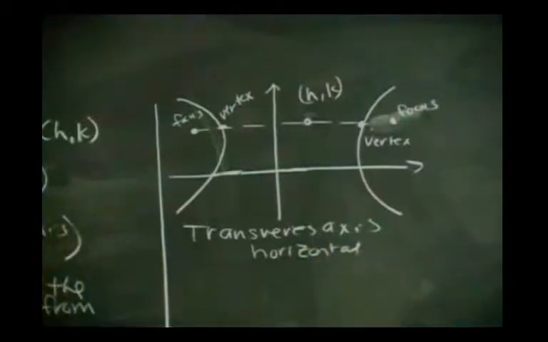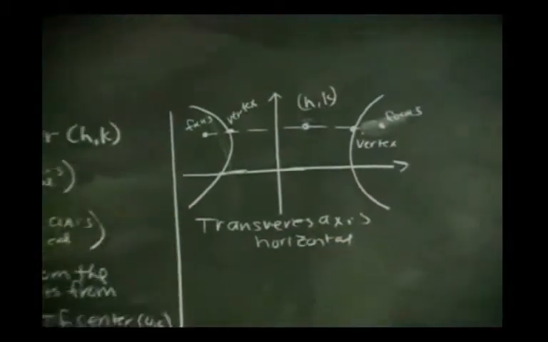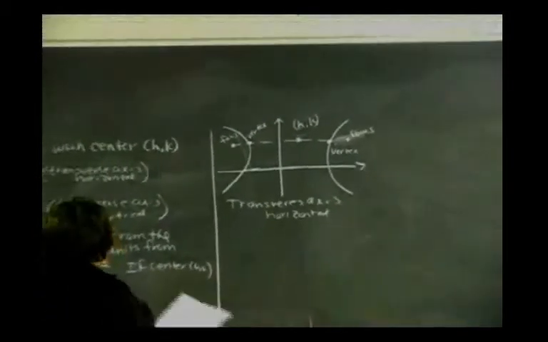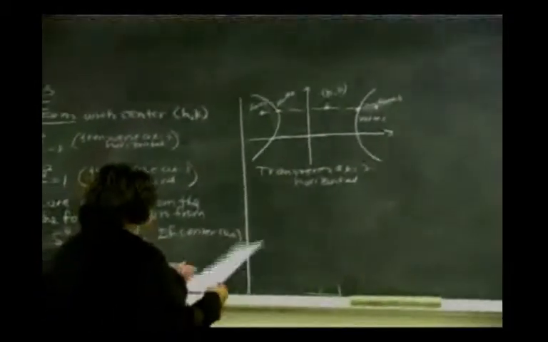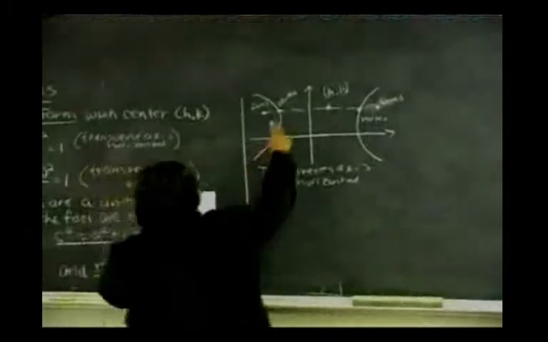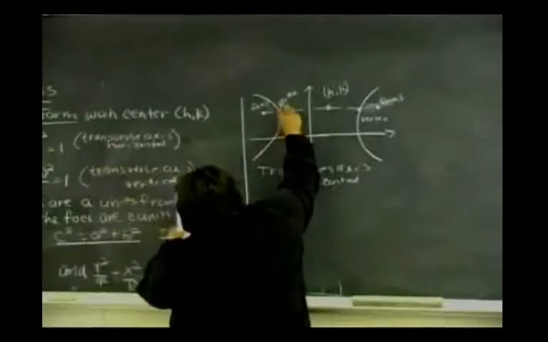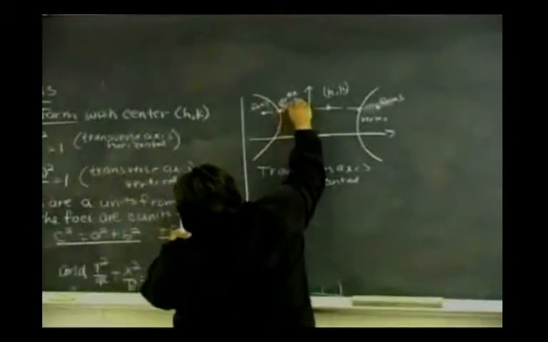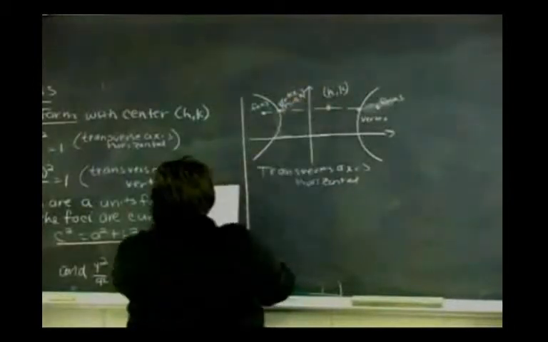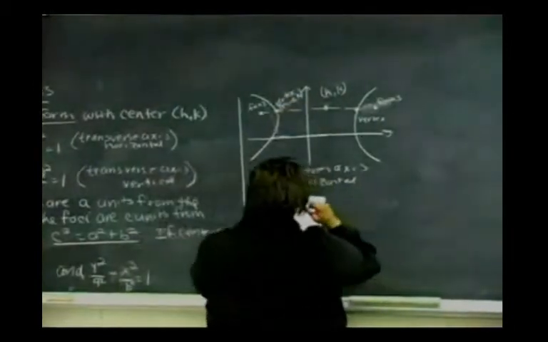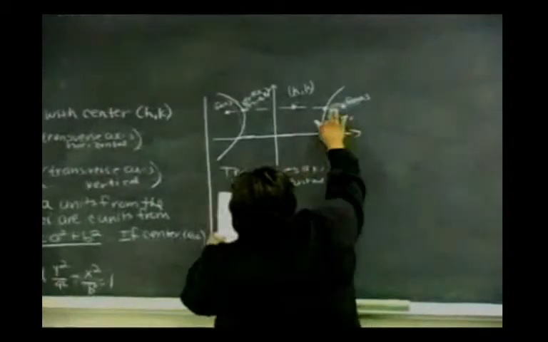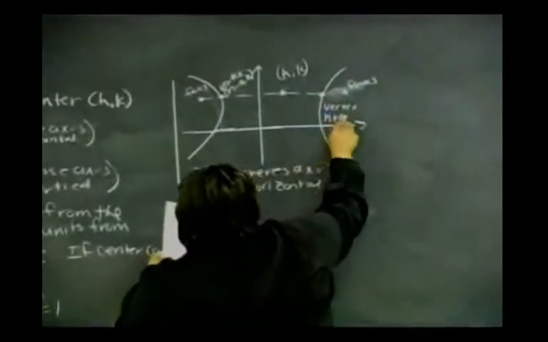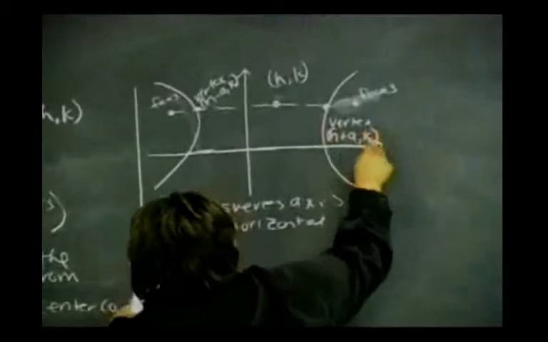Okay, so if my center is (h, k), my vertex is a units from the center. That makes this vertex have coordinates (h minus a, k), and this vertex have coordinates (h plus a, k).